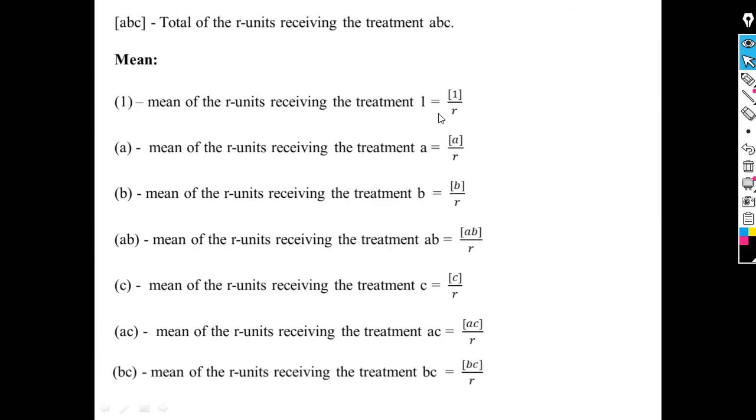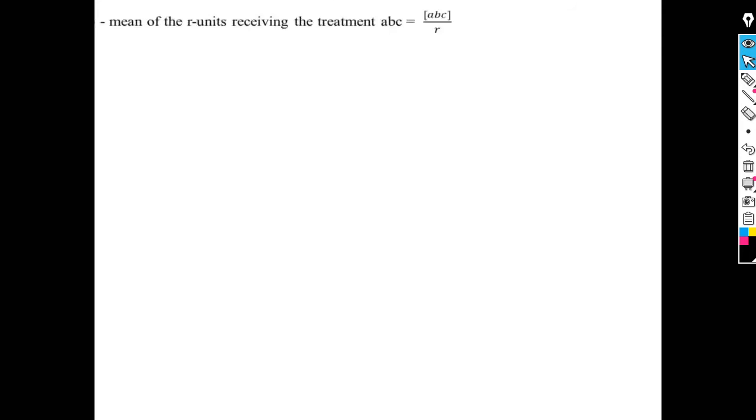Then BC denotes the mean of the r units receiving the treatment BC, and is found with the help of the formula BC upon r. ABC denotes the mean of the r units receiving the treatment ABC, and it is found with the help of the formula total for treatment ABC upon number of observations for treatment ABC. So this is about treatment means.